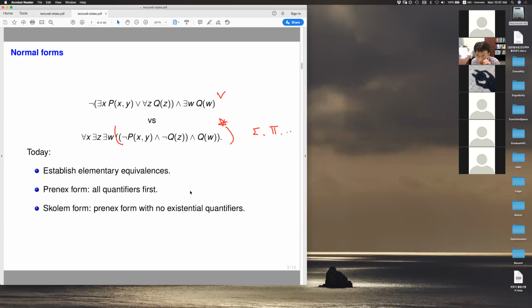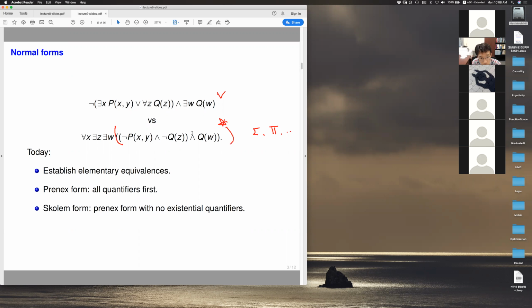In this lecture, we will consider two types of normal form. One is called prenex form. It is a form for the formula where all the quantifiers come first, like the one in the second example shown in the slide.